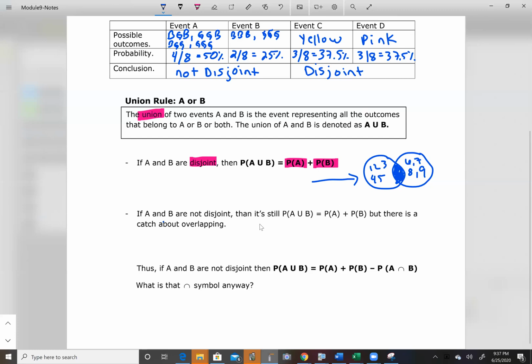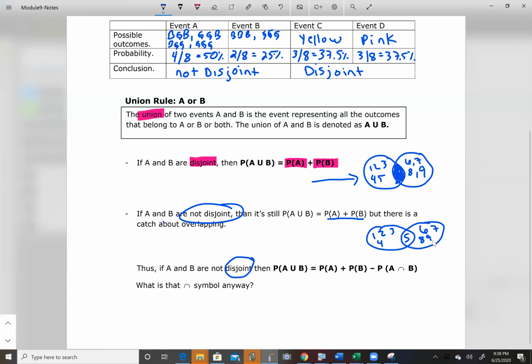Following down here, if they are not disjoint, it's going to be a little bit different than that. Let's say we have 1, 2, 3, 4, 5, 6, 7, 8, 9.